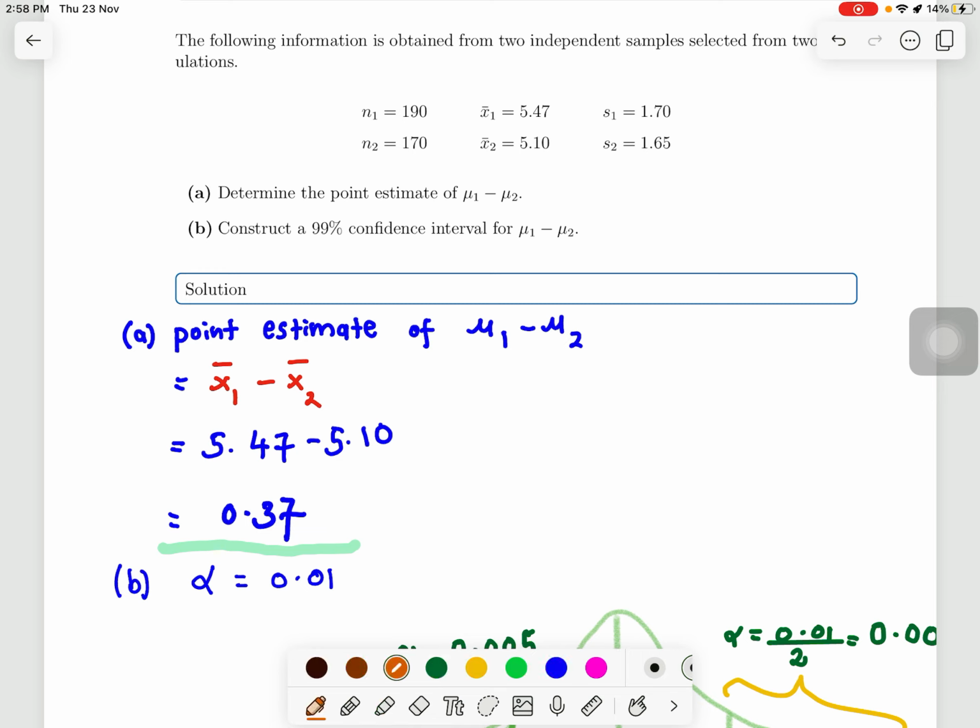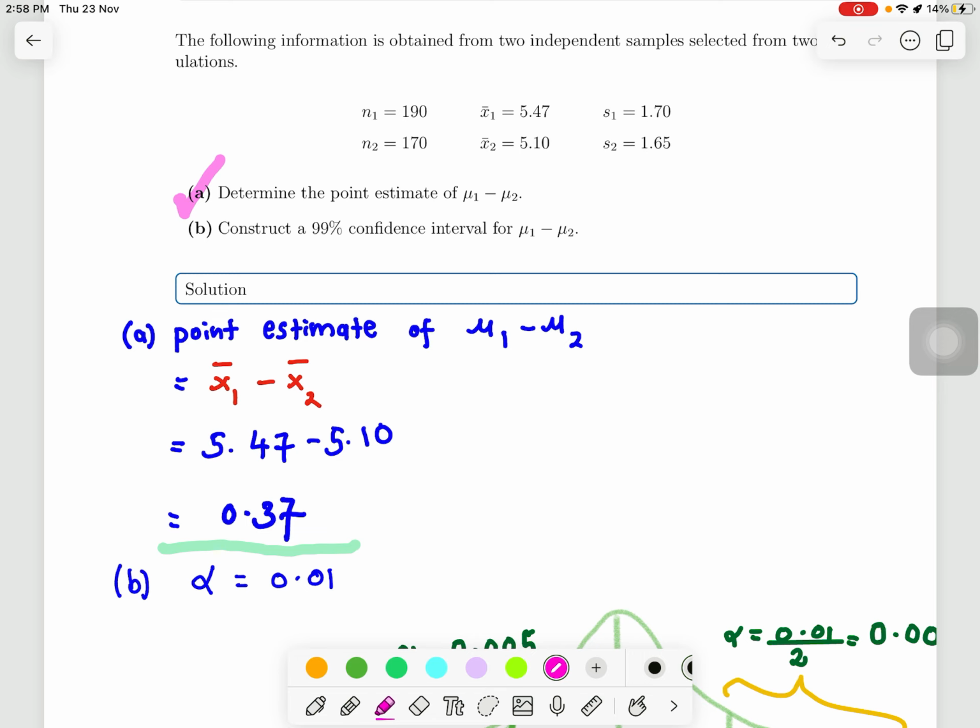So with that, we complete this first exercise. Okay, so for B, construct a 99% confidence interval for mu1 minus mu2. So A is asking you about the point estimate, and B is asking you the same thing like we have learned before, which is we get the interval.